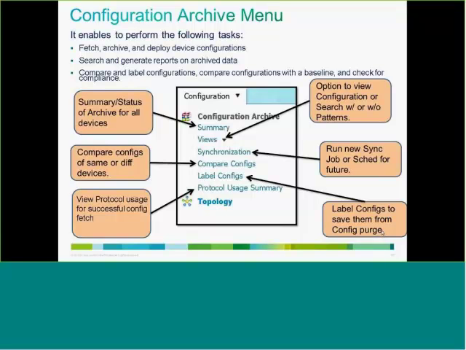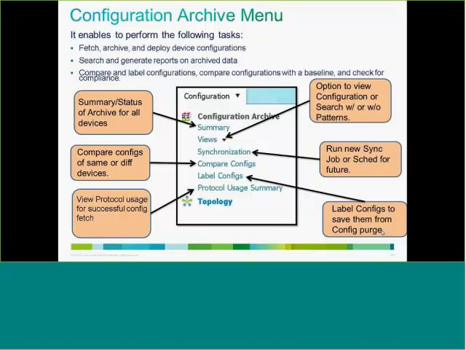The labeled configs are those... If CiscoWorks continuously keeps on backing up the configuration for all the devices, it may end up using a lot of disk space. So there are options to purge the older configurations as per the policies, like holding after a specific number, or purging after a specific number, or purging after a specific time.